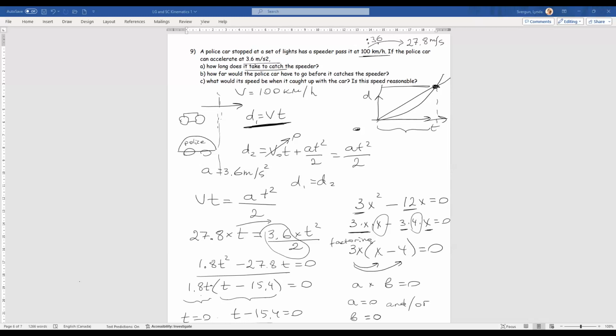When you change kilometers into meters, 1 kilometer is 1,000 meters, and 1 hour is 3,600 seconds. Look, 1,000 divided by that amount is 3.6. 72 divided by 3.6 gives you 20 meters per second. So try to think, you're driving on the road, the speed is approximately 20 meters per second.